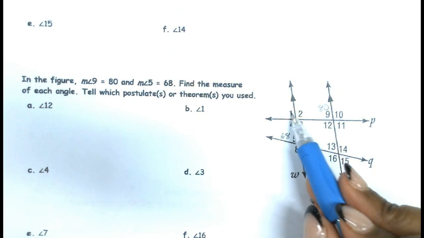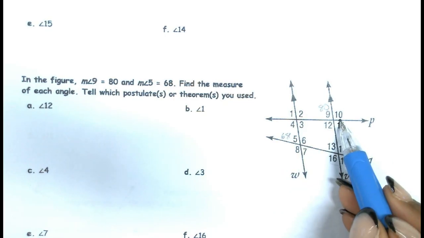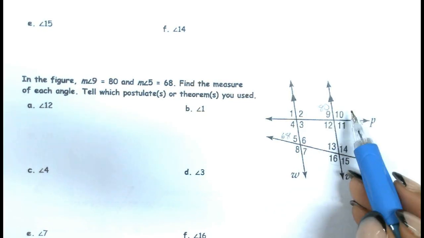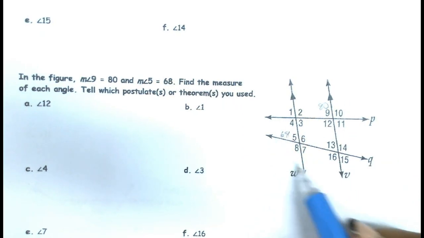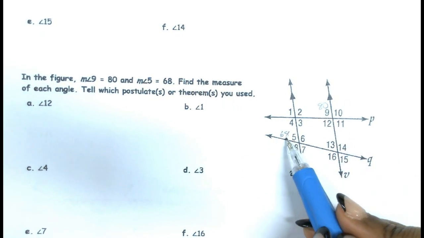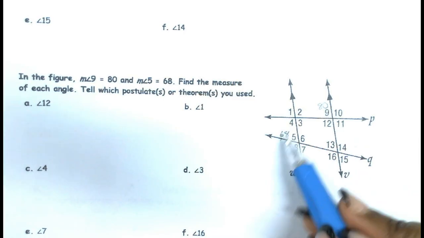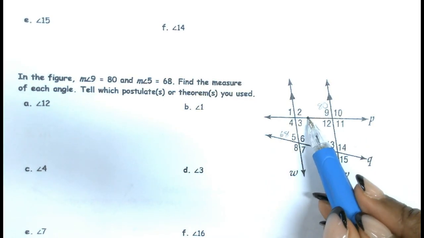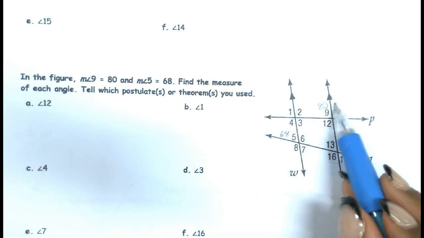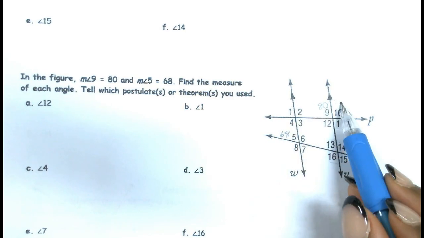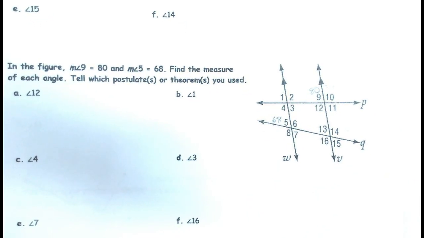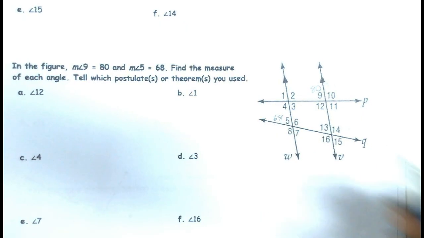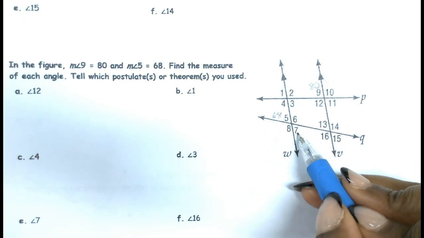So you find the measurement of all of these at the top, and find the measurement of all of these at the bottom. It's separate because this line is not parallel to this line right here. But these two lines are parallel. Okay? Questions, comments, or concerns? What is the measurement of angle 7?